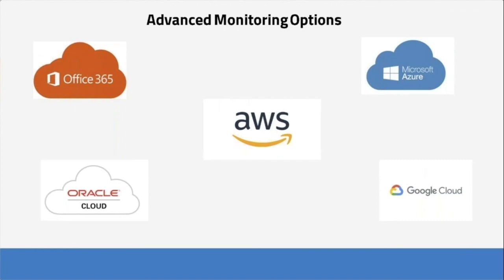So as we can see in the screenshot, there are 5 different cloud monitors, which are the widely used cloud architectures, and Applications Manager monitors almost all the features. For Office 365, we monitor SharePoint and Skype, and for Oracle Cloud, we monitor the containers.